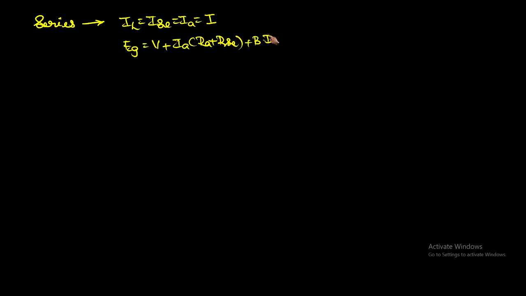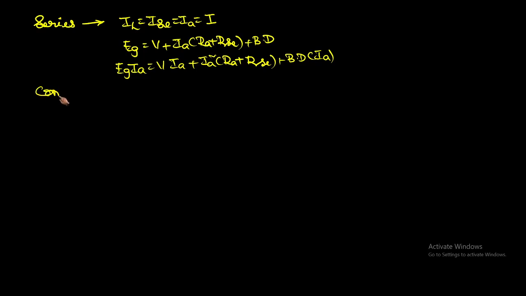Then Eg into Ia is V into Ia plus Ia square into Ra plus Rse, plus brush drop into Ia. Here you can multiply with Ia square Rse only for the series field.